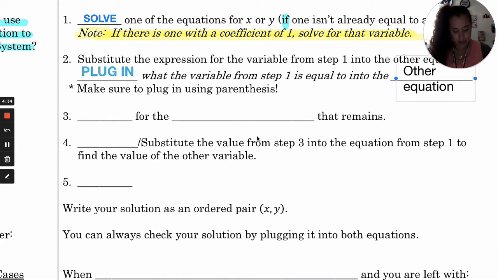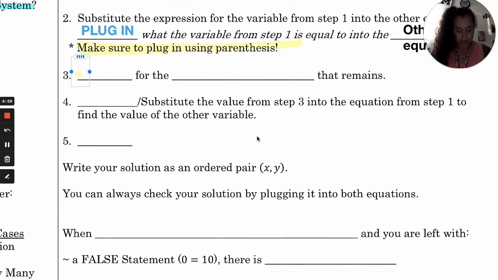When you plug in, you want to make sure you use parentheses because otherwise you could distribute incorrectly. Step 3, after we plug in, we're going to solve for the one variable that remains.